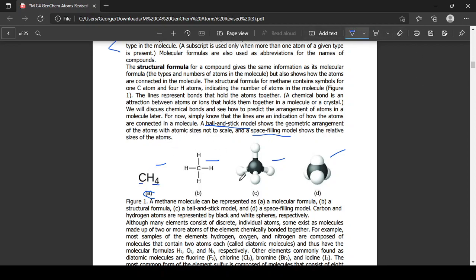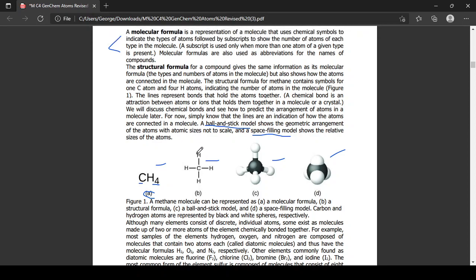Next, you have your structural formula. It represents the bonding of each type of atom in your structural formula. In CH4, the carbon is in the center because it is the glue behind your atoms, and it has bonds to hydrogen all around. And that is how structural formulas work. Next, letter C is your ball and stick model, which indicates how the atoms are connected in a molecule.